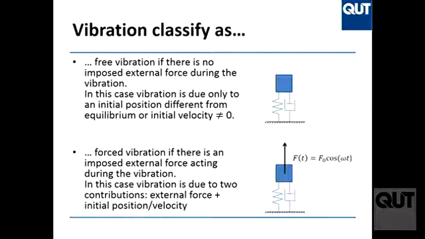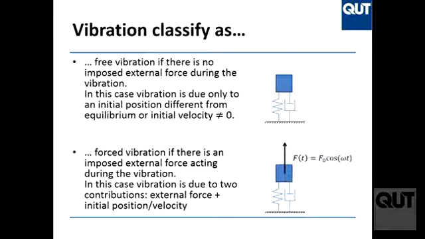Now, I poke it. I put a force there that brings it to a position which is not the equilibrium position, and then I drop it. It will vibrate around the equilibrium position, which was the position at which it was at the beginning if nobody touches it. That's free vibration. So I move my system from the equilibrium position, and then I let it go without any other force. Is it clear?